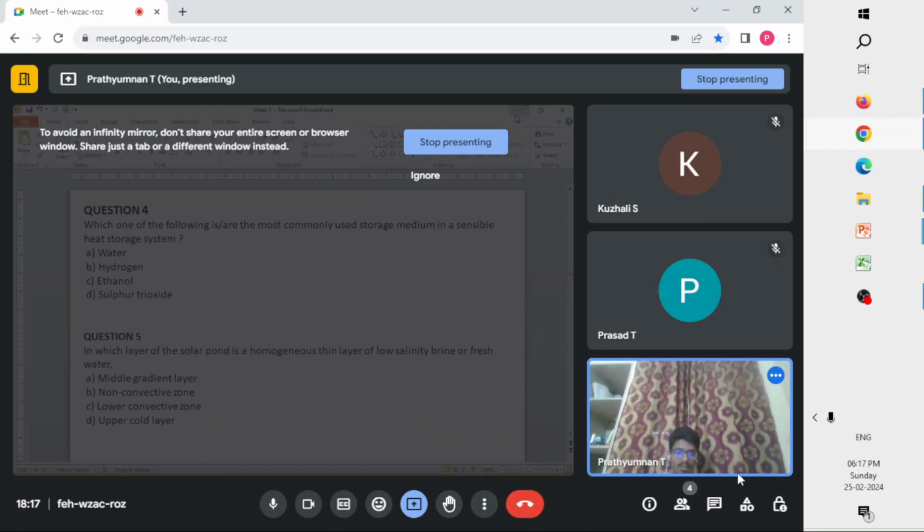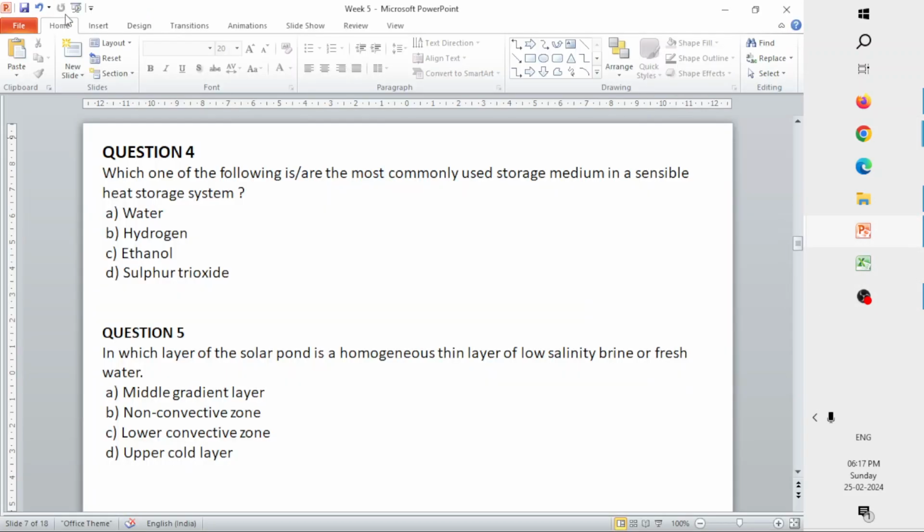You can respond if you have anything to discuss about this question. It just says that it's a sensible heat storage, so what could be the common type of storage medium that you will be requiring?